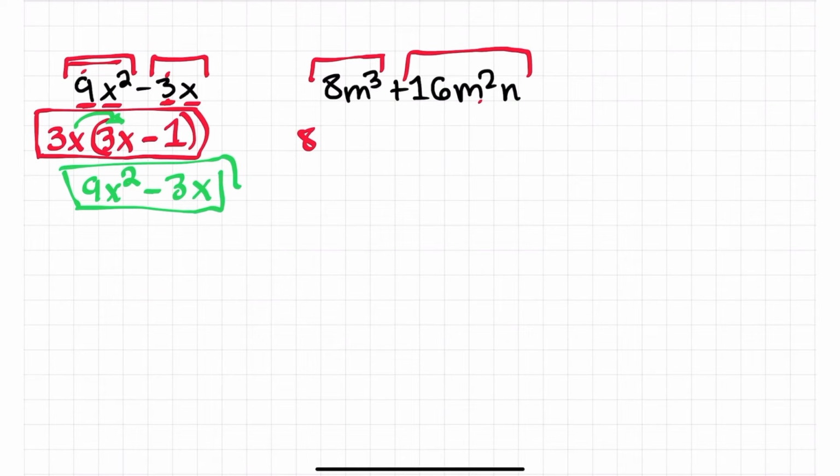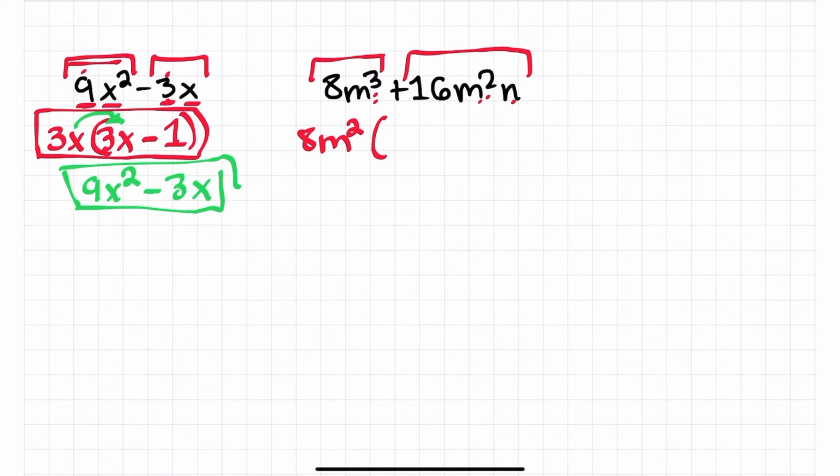This one has 3 m's and this one has 2 m's, so they both share m squared. These do not share an n, so I'm not putting the n outside the parentheses.